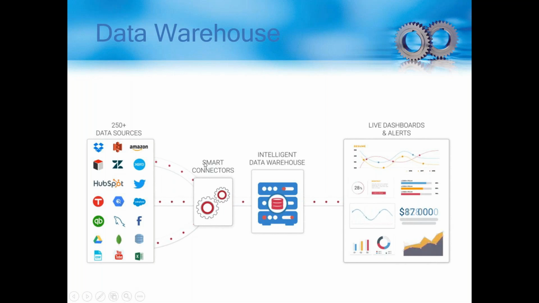Using these connectors and different tools, we can extract the data, cleanse the data, transform the data, and load the data into this data warehouse. So this data again is used by the end users, that is data scientists and data analysts.